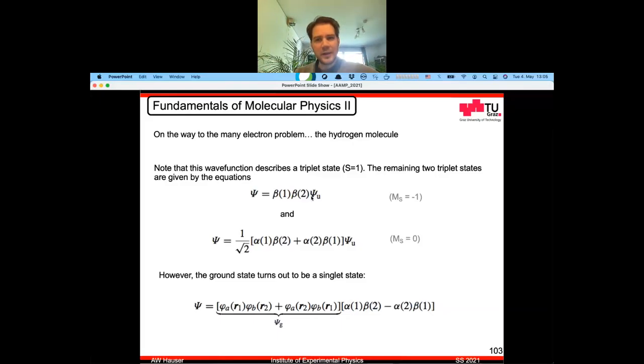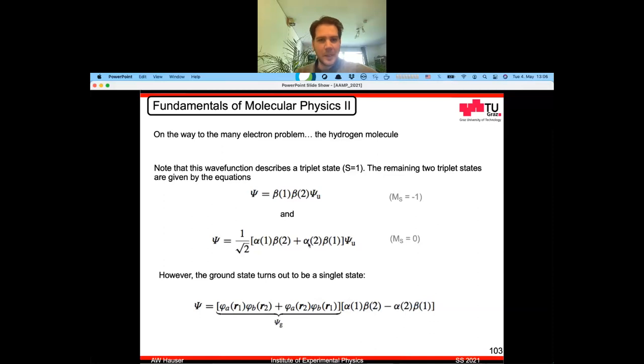And we can also find a combination where the total spin s is 1, but the orientational quantum number is 0. And the combination that allows us to end up with this would be first electron spin up, second down, plus second up and first down, right?